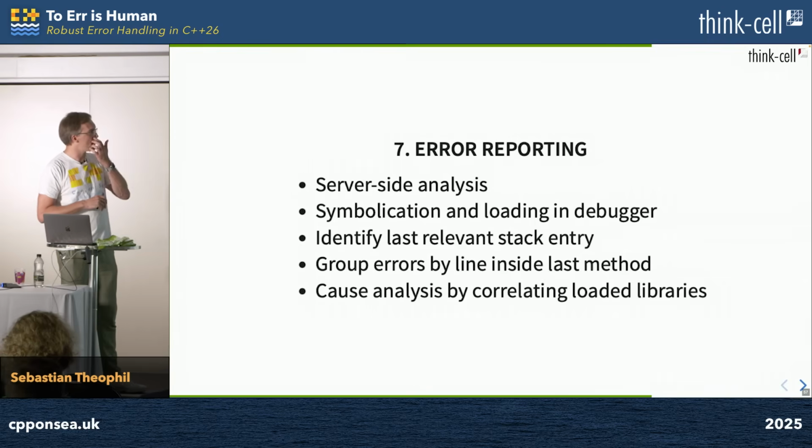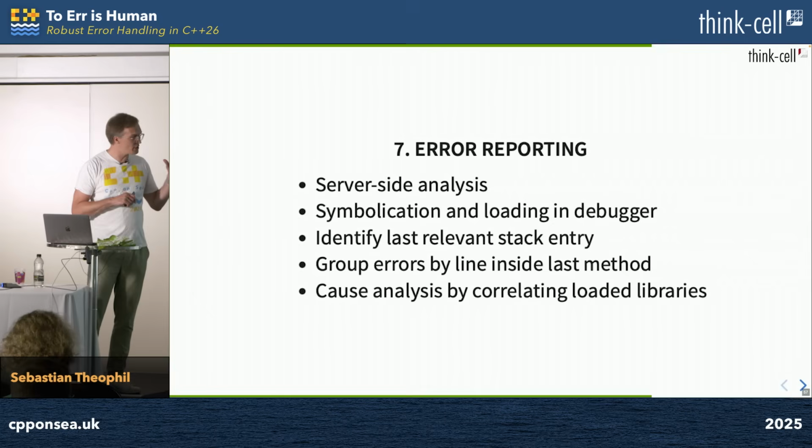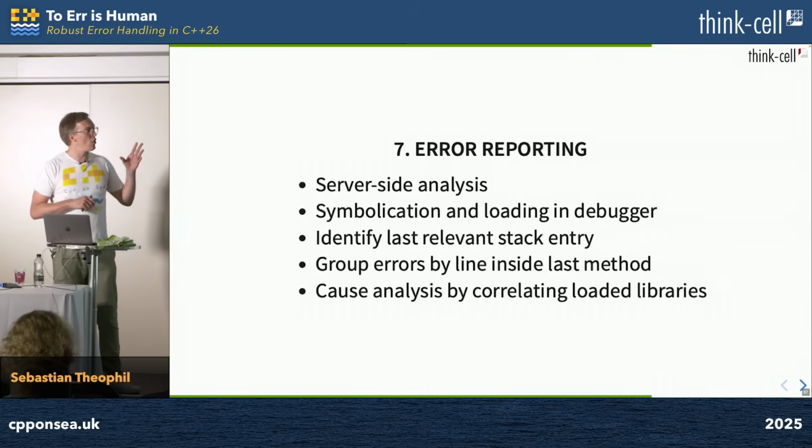And now we do something on the server that I think at least the Google crash dump doesn't do. At least they still had a document online about how they want to do it. So all these mini dumps we send are automatically opened by a debugger. They're symbolicated. They're loaded. The stack is loaded. And then we identify the last relevant stack entry. That might not be the top of the stack.